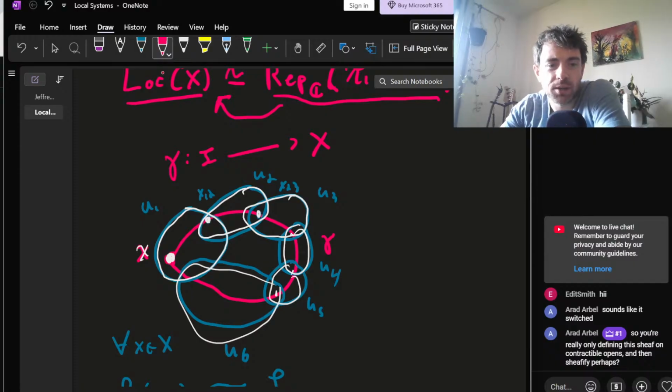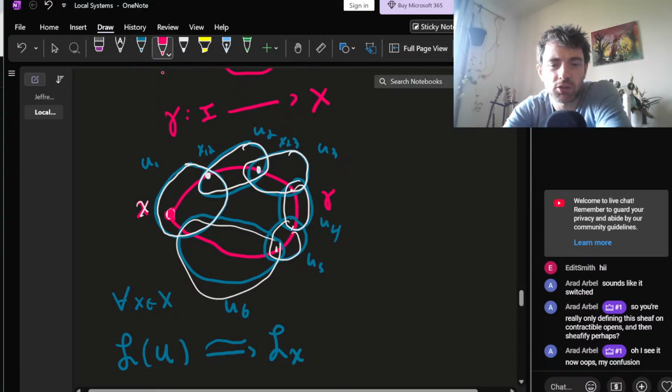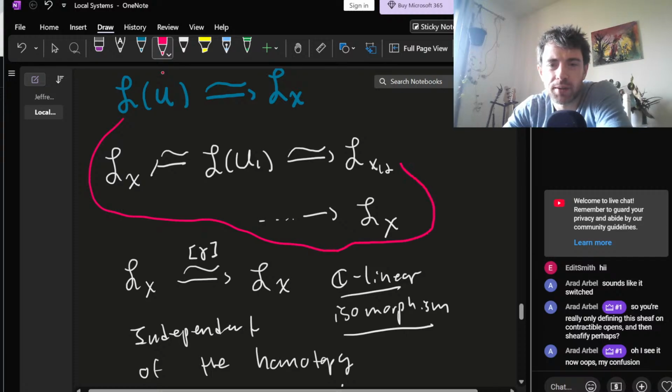And then you basically take this chain of isomorphisms between the stalks and the sections over the open sets.